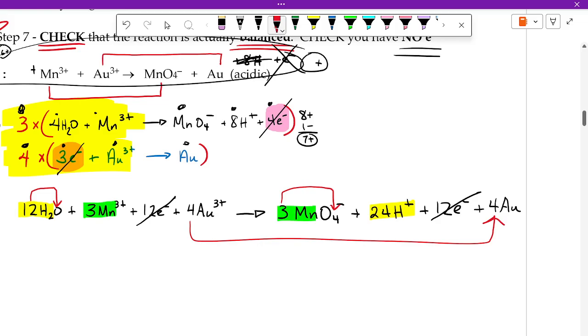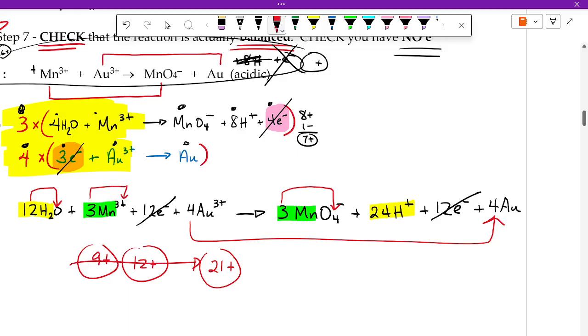And then I would check my charge. I've got 3 times 3 is 9 positive, and 12 positive gives me a total of 21 positive. On the right-hand side, I have 24 positive and 3 negative, which gives me 21 positive.